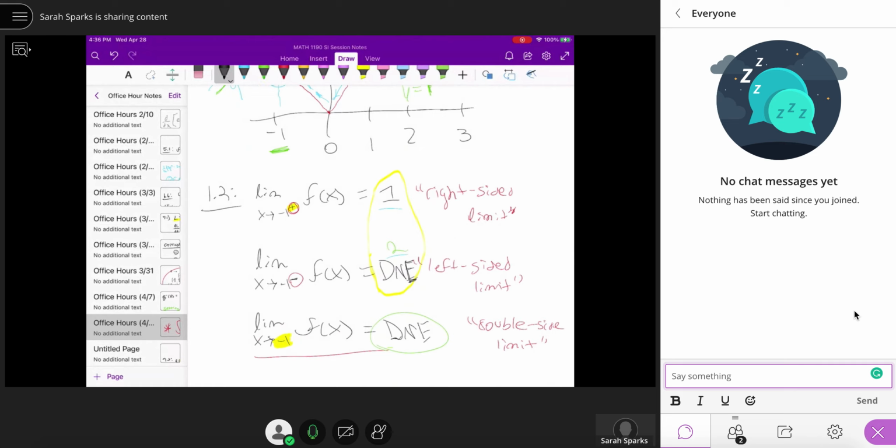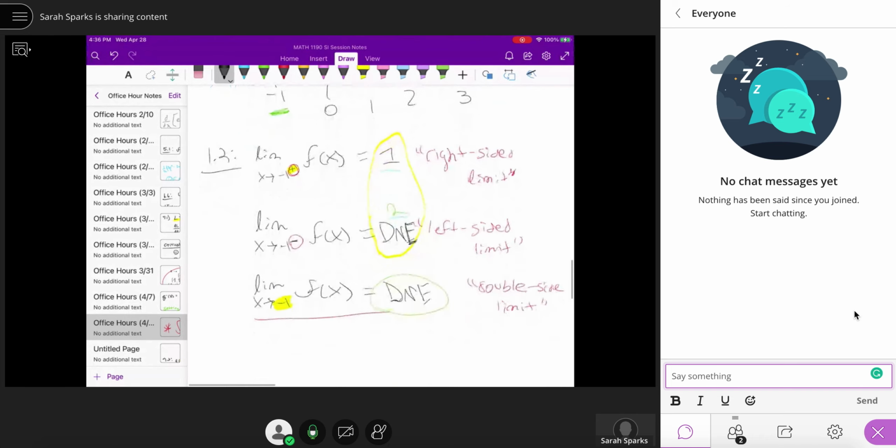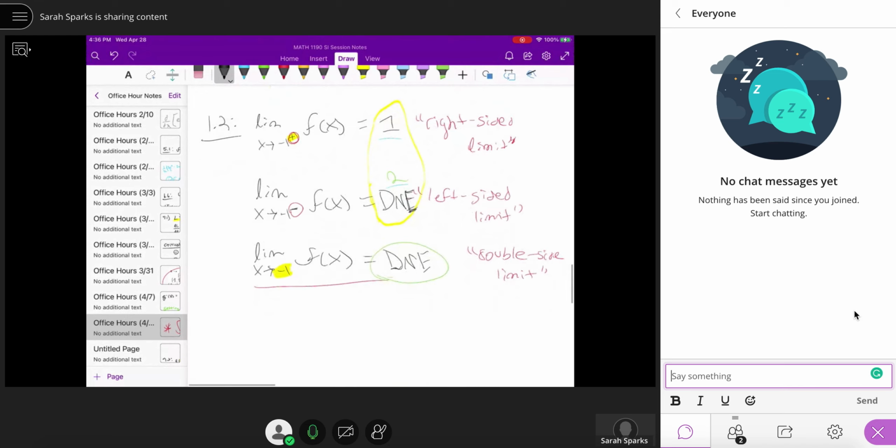And then you said you needed 1.3 and 1.4, correct? Yeah. Okay. So for 1.3, let me see.